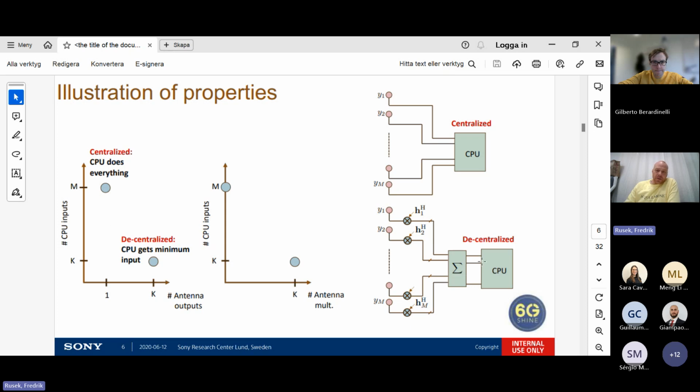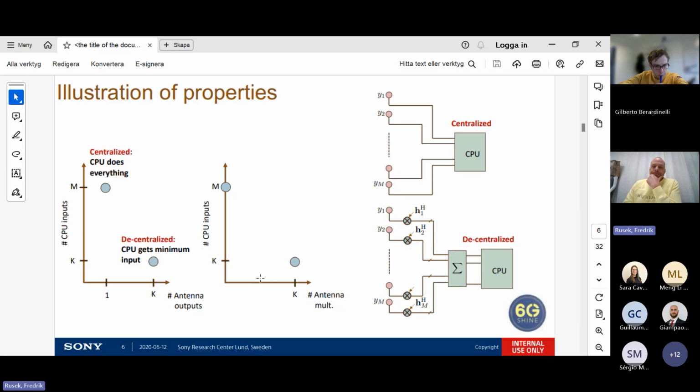The other one may be a little bit more complicated, or at least appear to be, has K outputs per antenna, but it only has K inputs to the CPU. So we know the two operation points here for those two receivers.